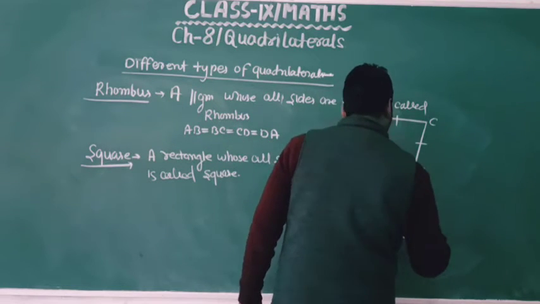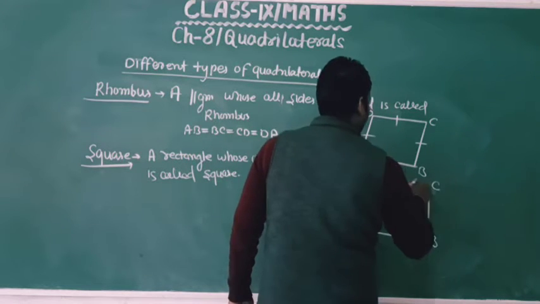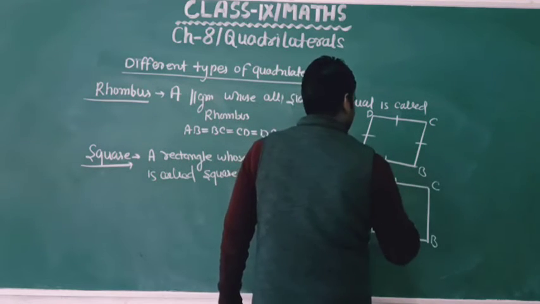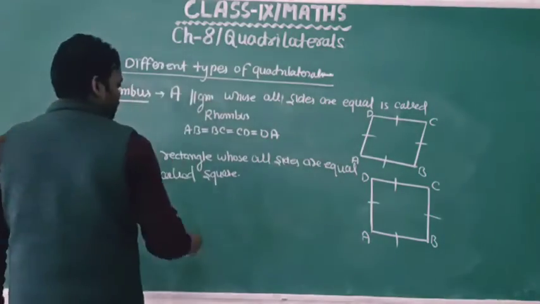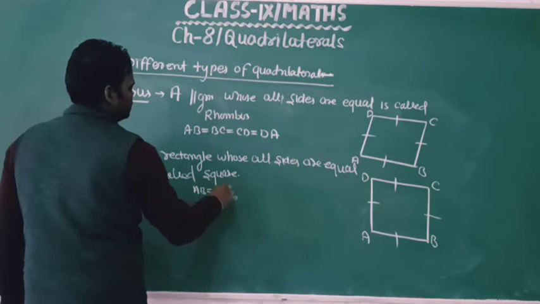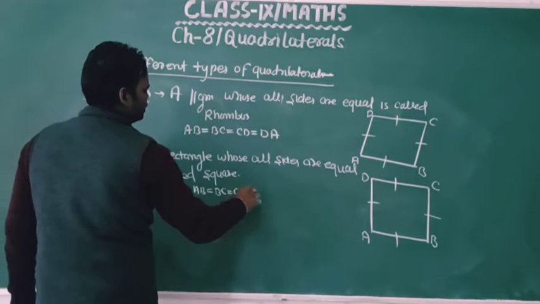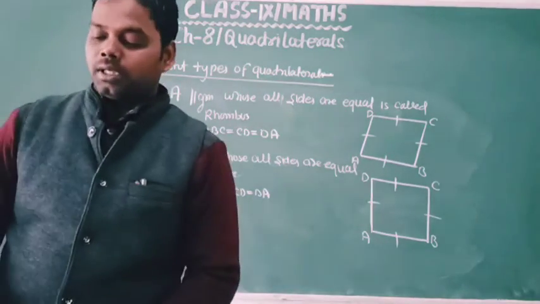So this is A, B, C and D. A rectangle becomes a square when all sides are equal. So here AB equals BC equals CD equals DA. I hope this is clear.